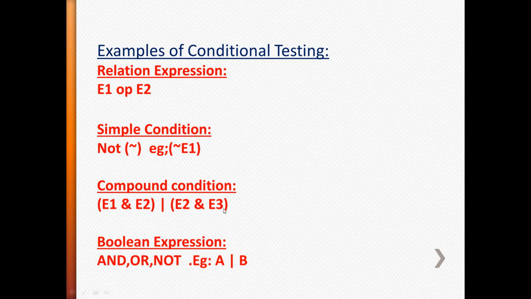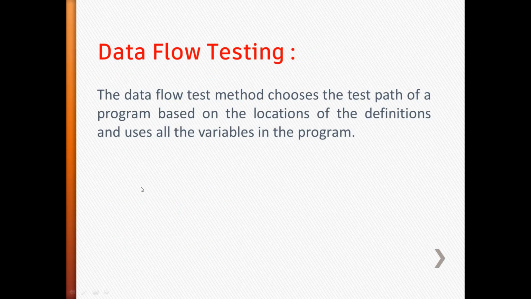Expression E2 and operator, expression E3 is another condition. These two conditions are combined through the or operator. Boolean expression: and, or, not. Example: A expression or operator B.